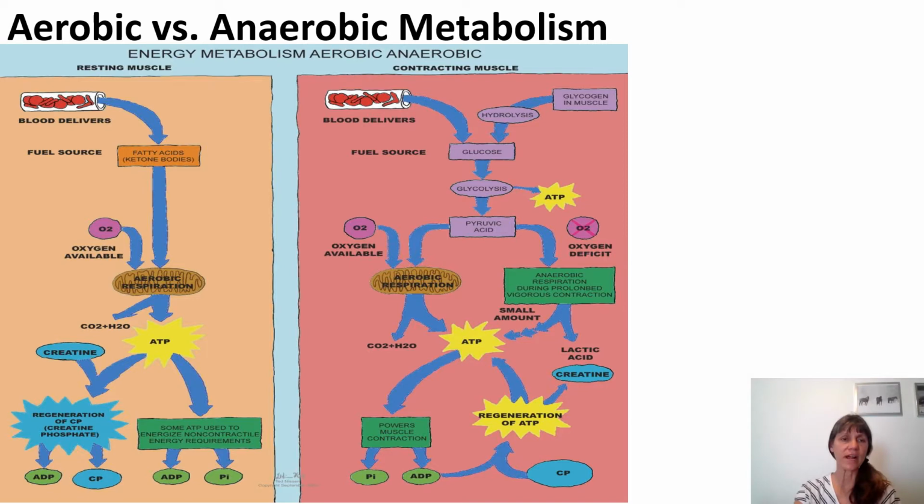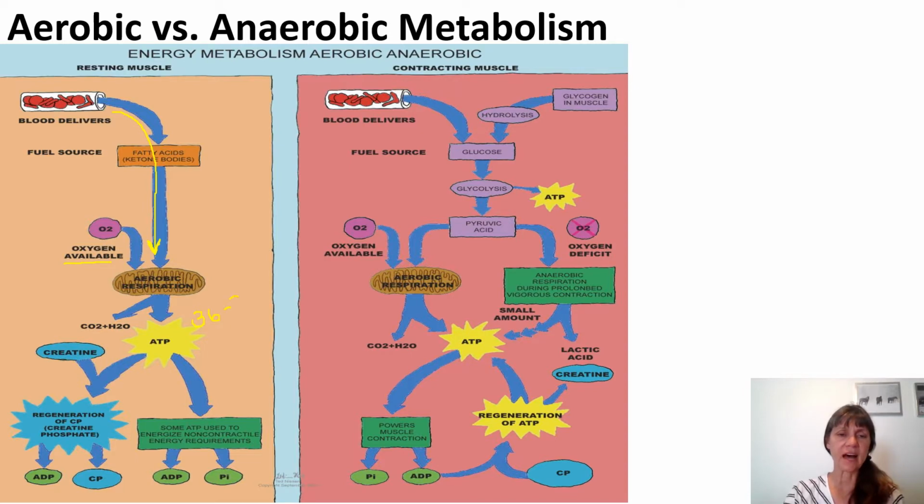When our body is at rest, our bloodstream will deliver fatty acids and ketone bodies to the mitochondria, which in the presence of oxygen will go through a series of chemical reactions known as the citric acid cycle or the Krebs cycle to produce adenosine triphosphate and byproducts of carbon dioxide and water.